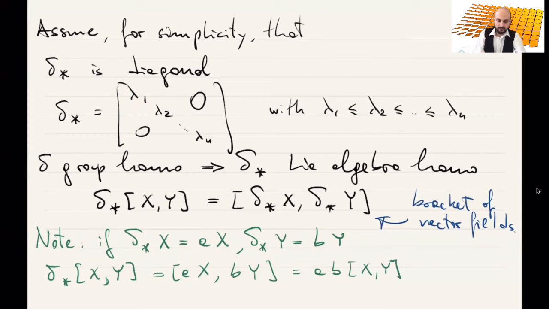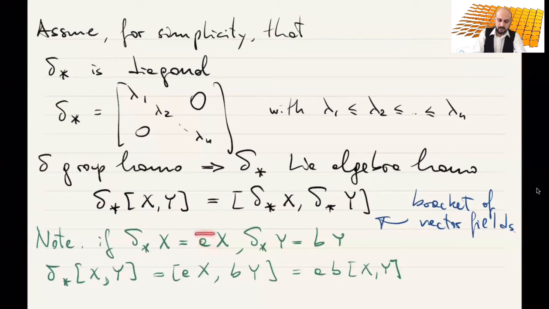Therefore, you see also the bracket between x and y is an eigenvector of delta star. And the eigenvalue has changed. Now it's the product of a and b.